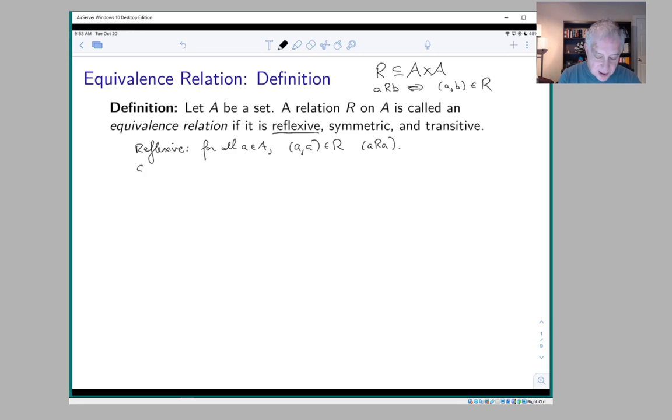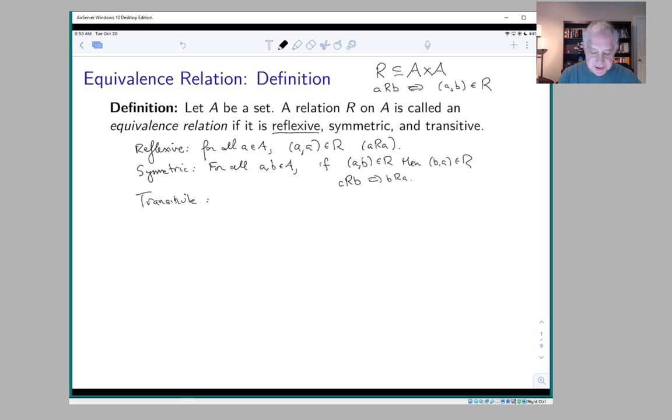And the symmetric property was a property of pairs. It said for all pairs a, b in A, if (a, b) is in R, then (b, a) is in R. In other words, aRb implies bRa.